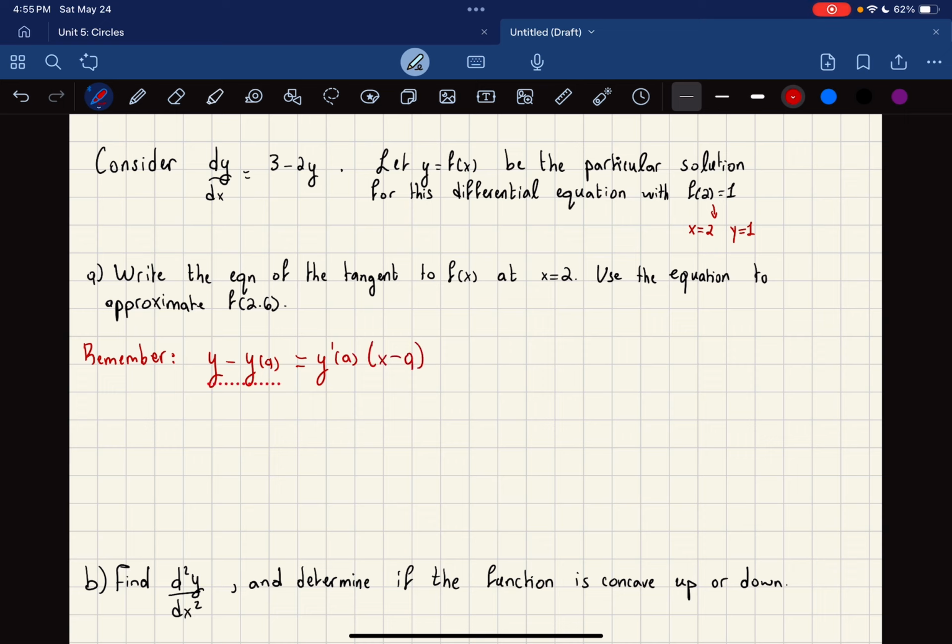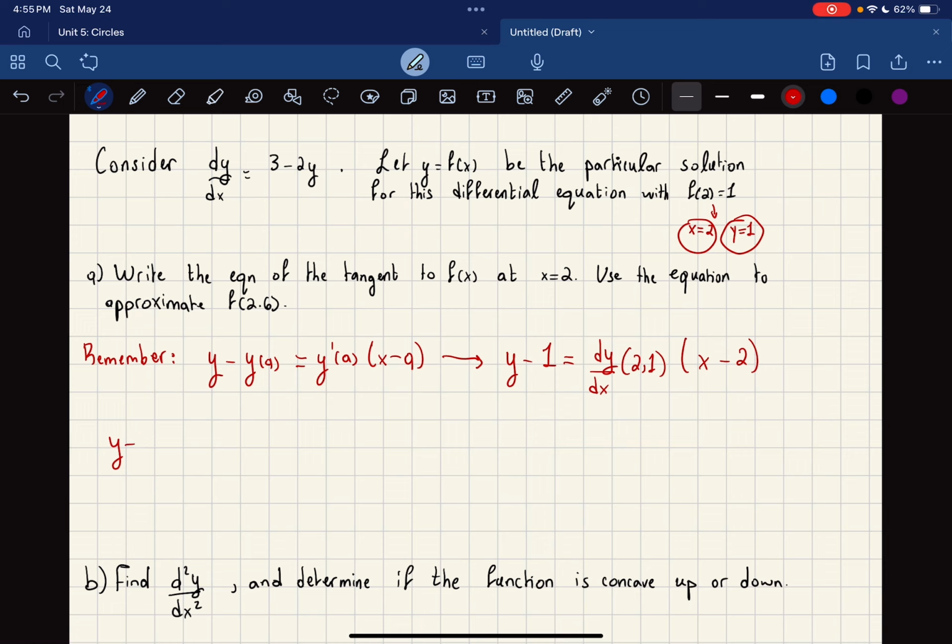Now, to translate it in differential equation terms, y minus, what is y of a? It's basically the y that we have over here, which is 1, equals. What is y prime of a? In differential equations, this means dy over dx at the point (2, 1). And then x minus the x that we have over here, 2.